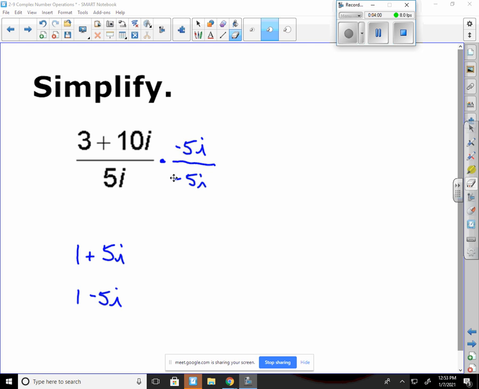So if I multiply by this negative 5i, in the top, I'm going to have to distribute that to both of these terms. So it'd be negative 5i times 3, that'll give us negative 15i. Then negative 5i times 10i, that's going to give us a negative 50i squared.